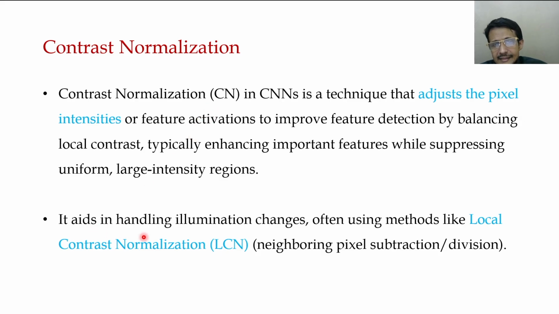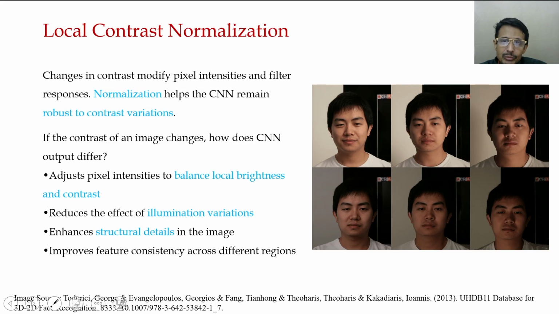So it aids in handling illumination change. I'll give you an example to understand properly. It is often done using methods like local contrast normalization, neighboring pixel subtraction and division. Now I have to take an example to understand. Consider this image.